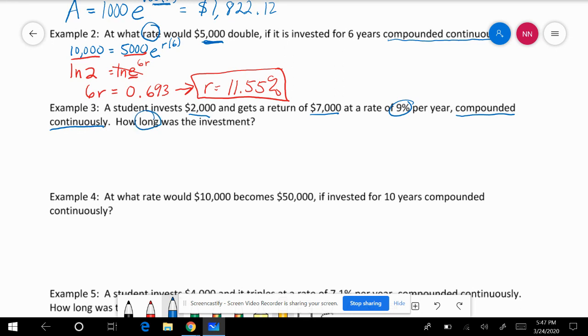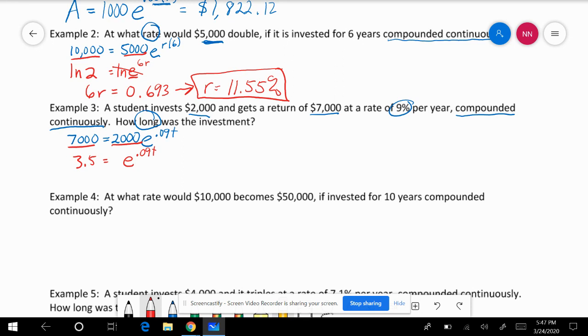So this time we're finding T. So we're going to go 7,000 is equal to 2,000 E to the 0.09, and we're solving for T. Just like the last one, we're going to divide each side by 2,000. When we divide it by 2,000, we get 3.5 is equal to E to the 0.09t.